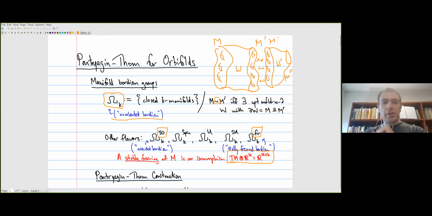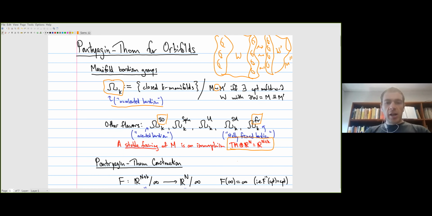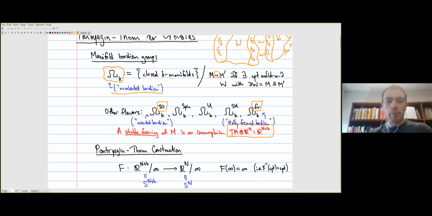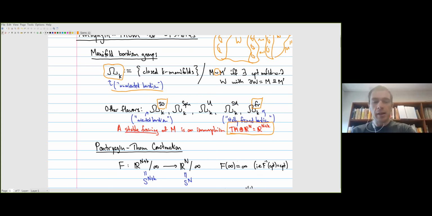Okay, so what's the Pontryagin-Thom construction? Let's suppose we take a map from S^(n+k) to S^n. We can think of this S^n as R^n modulo infinity, and I want to take a based map, so the base point will be infinity, f of infinity equals infinity.